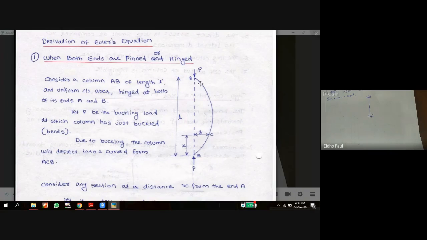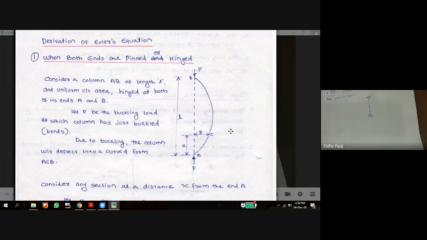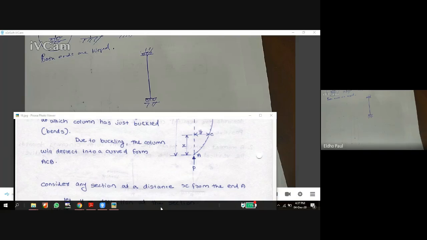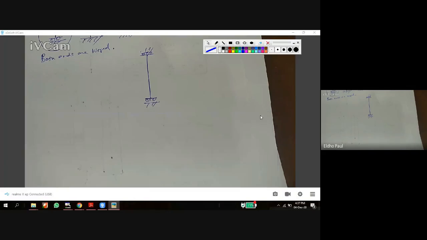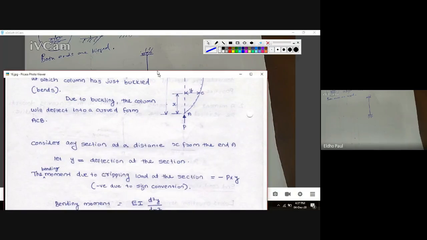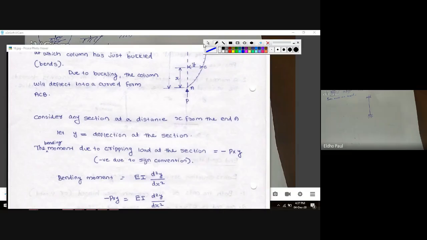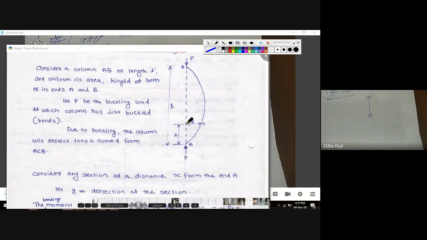In this beam, I am applying a load P on both ends. And in this beam, I take a point C. After buckling, the point C is shifted to here.